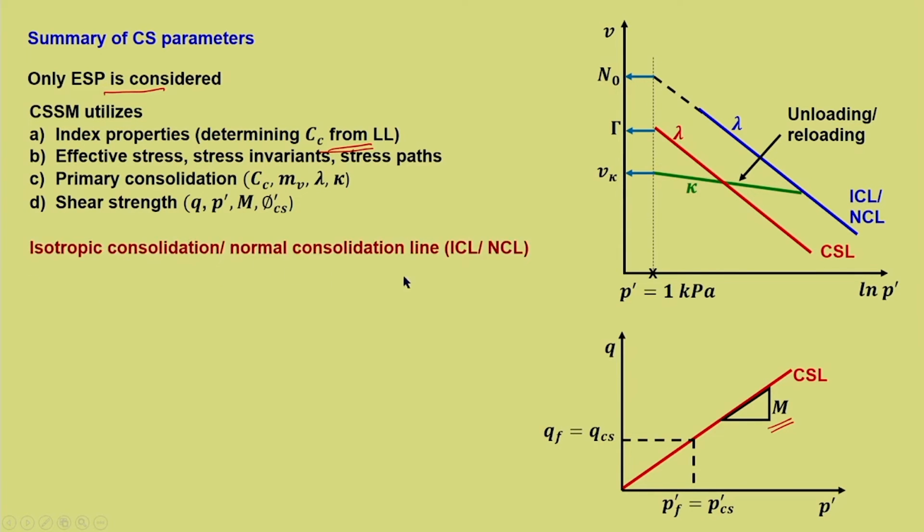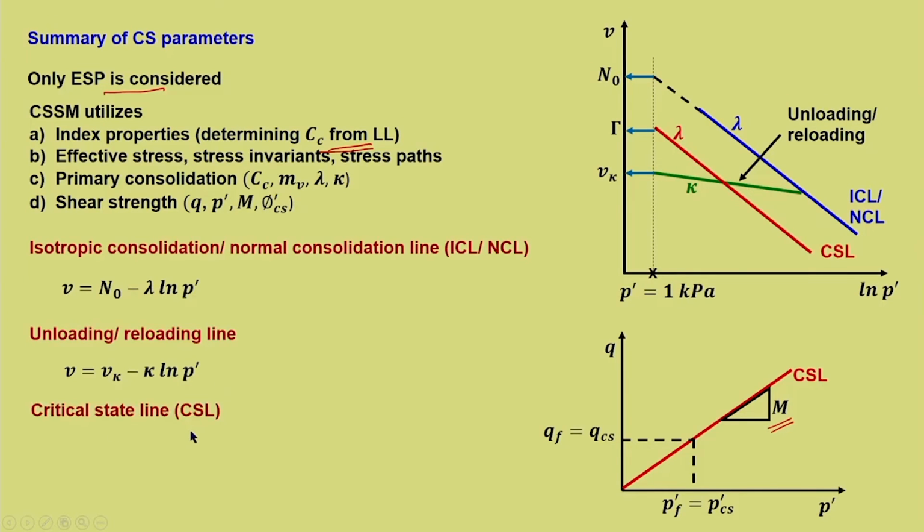The isotropic consolidation or normally consolidation line is defined as V equals N naught minus lambda ln P dash. The unloading reloading line is defined as V equals V kappa minus kappa ln P dash. All this we have discussed; I am just summarizing it. The critical state line CSL is defined as Vf equals gamma minus lambda ln P dash f.